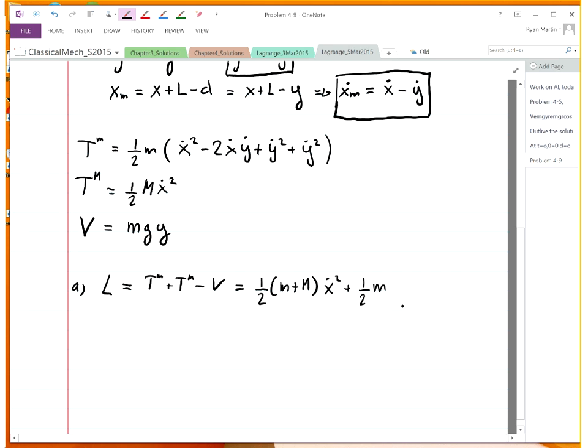Then I have a half lowercase m times 2y dot squared minus 2x dot y dot, and then V, minus mgy.